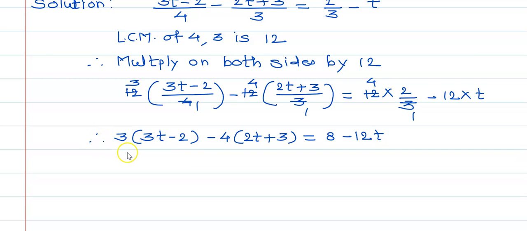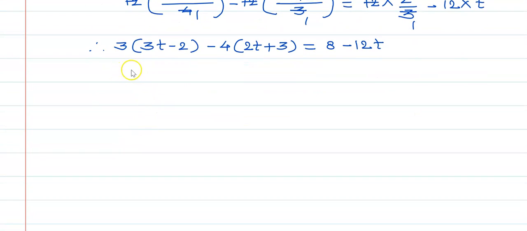Okay, next is 9t minus 6 minus 8t minus 12, and that equals 8 minus 12t.